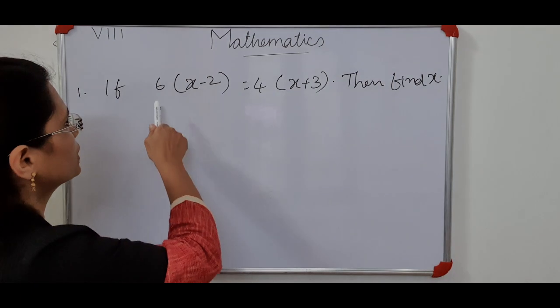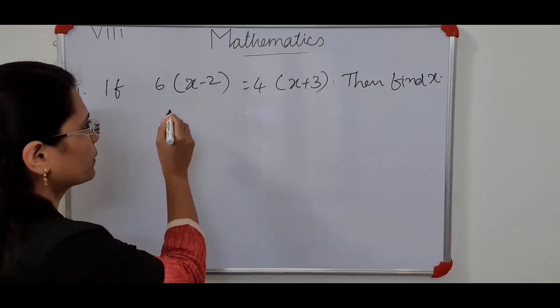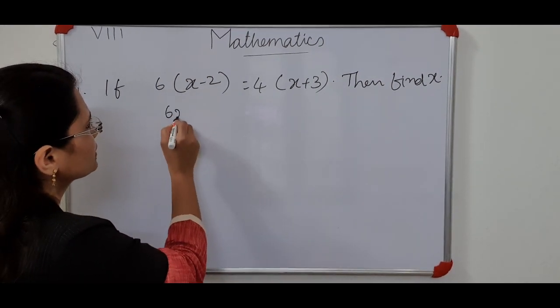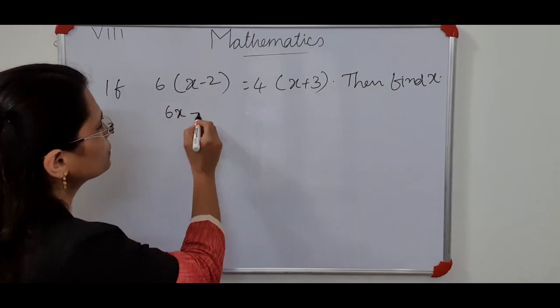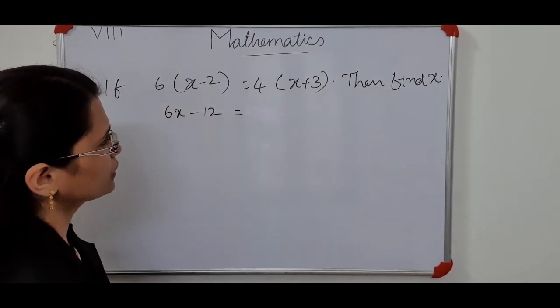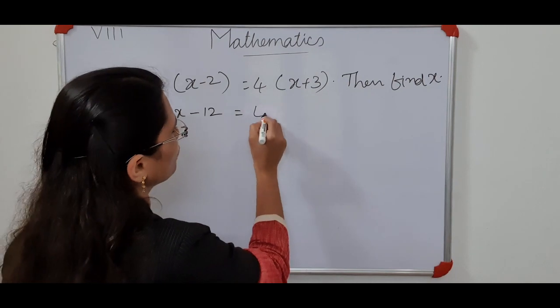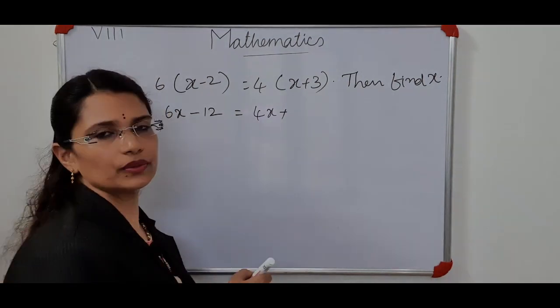So, how to do this? First open this bracket, 6 into x, 6x minus 6 into 2, 12 is equal to 4 into x, 4x plus 4 into 3, 12.